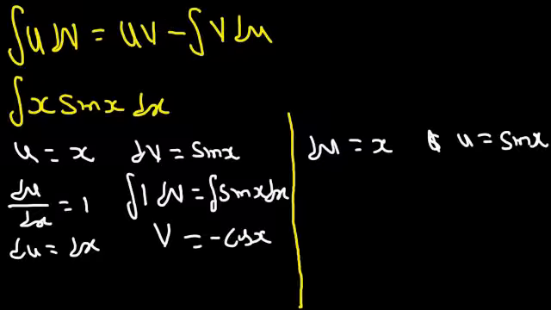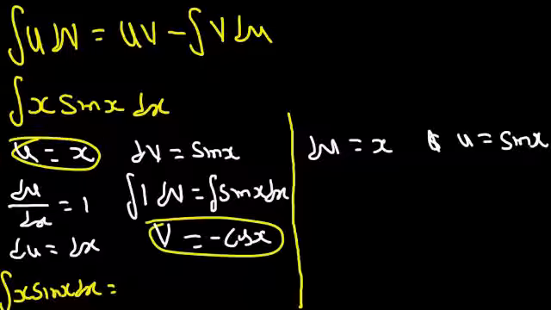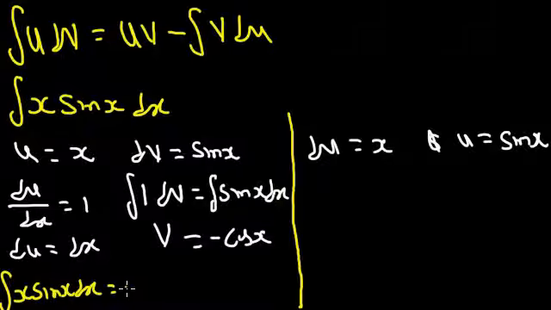So the integral of x sine x with respect to x is now equal to the product of u and v. Our u is x and v is negative cosine x, so we have minus x cosine x.